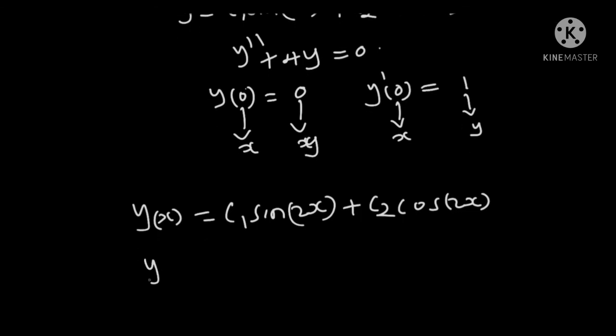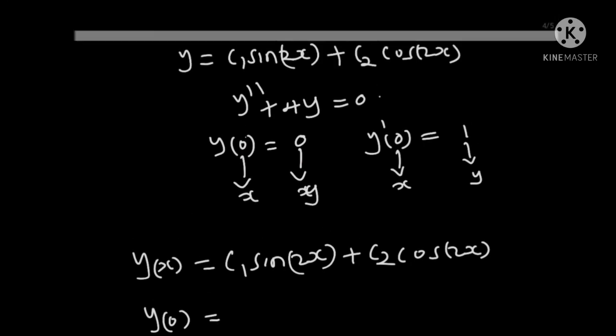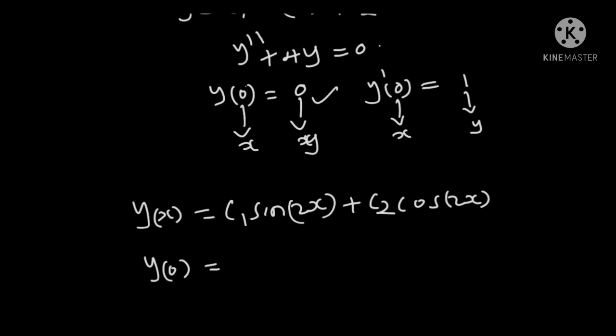Now, for y of 0, we are substituting this first condition. Where there is x, we put 0, and where there is y, we also put 0. So this will give us 0 equals c1 sine of 0 plus c2 cosine of 0.